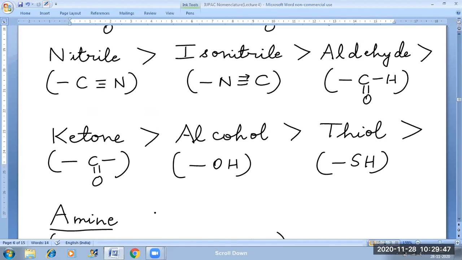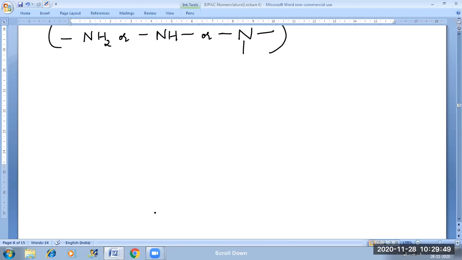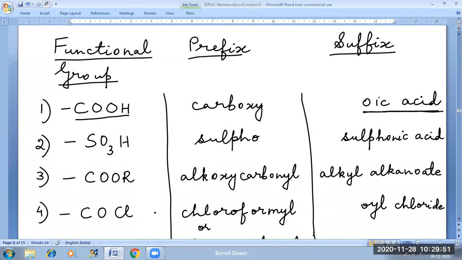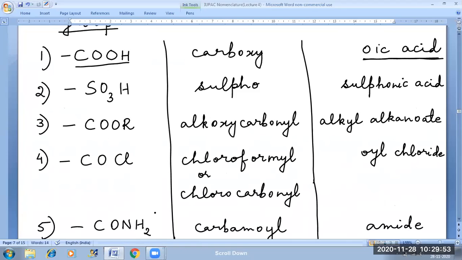Since there is only one functional group present, and ester is the only thing present, I have to use that suffix. So this is the third one, ester, COOR. What is the suffix for an ester? The suffix for an ester is alkyl alkanoate.